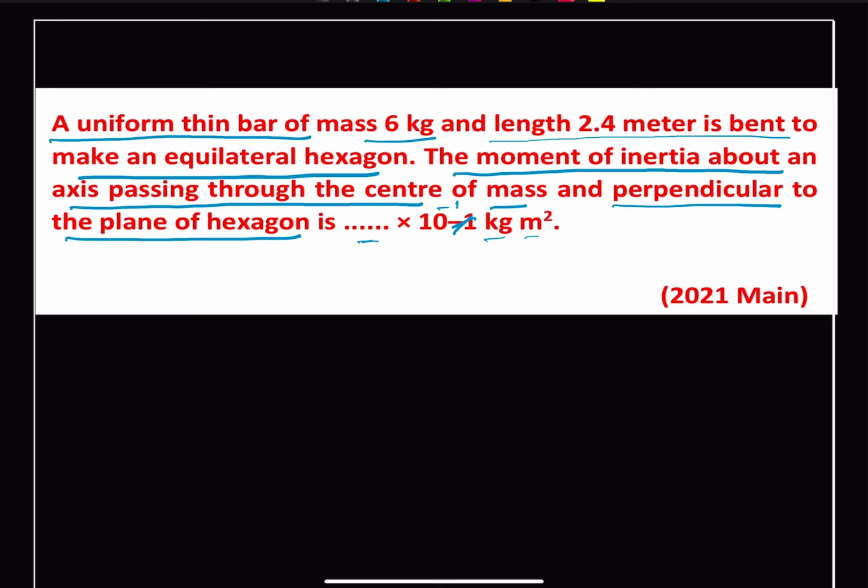So we are given that mass of a bar is given as 6 and total length of this bar is given as 2.4, and hexagon is having 6 sides. So we can find out the length of each side for hexagon.